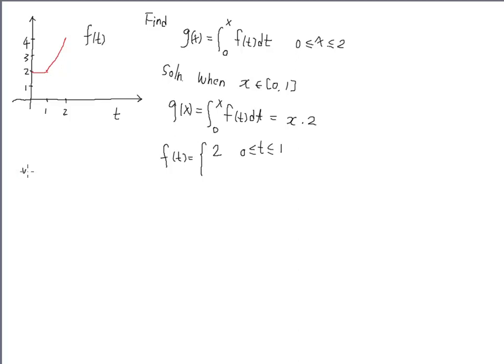Use the so-called point-slope method. We have y minus 2 equal to the slope, and then x minus 1.